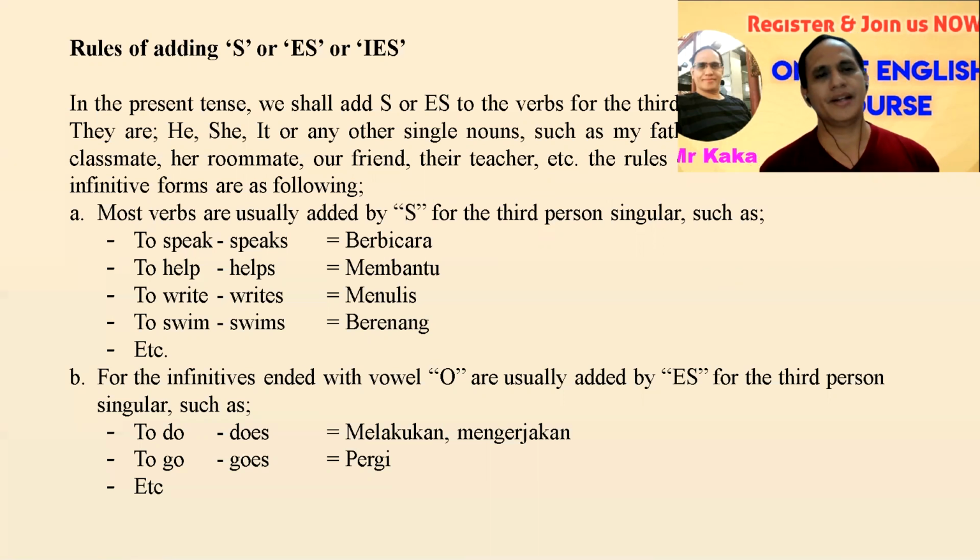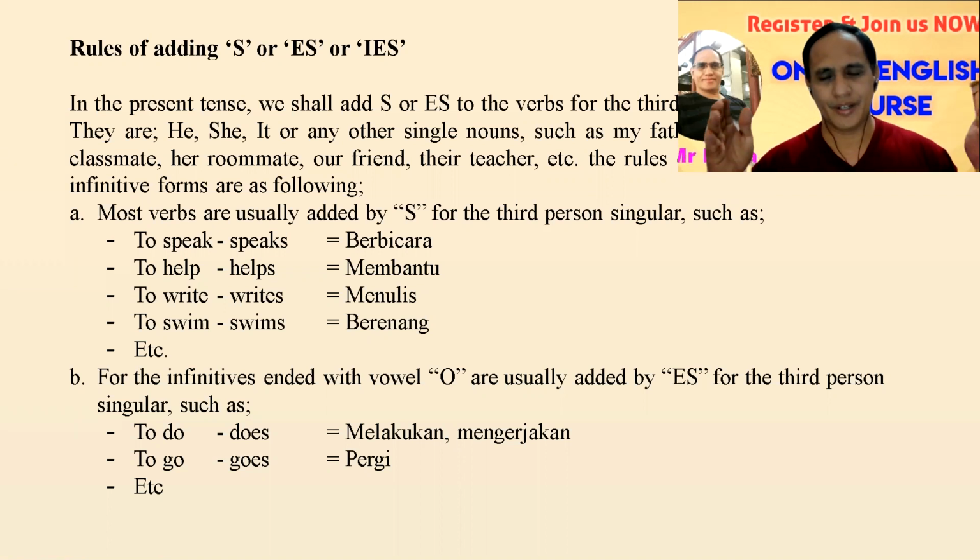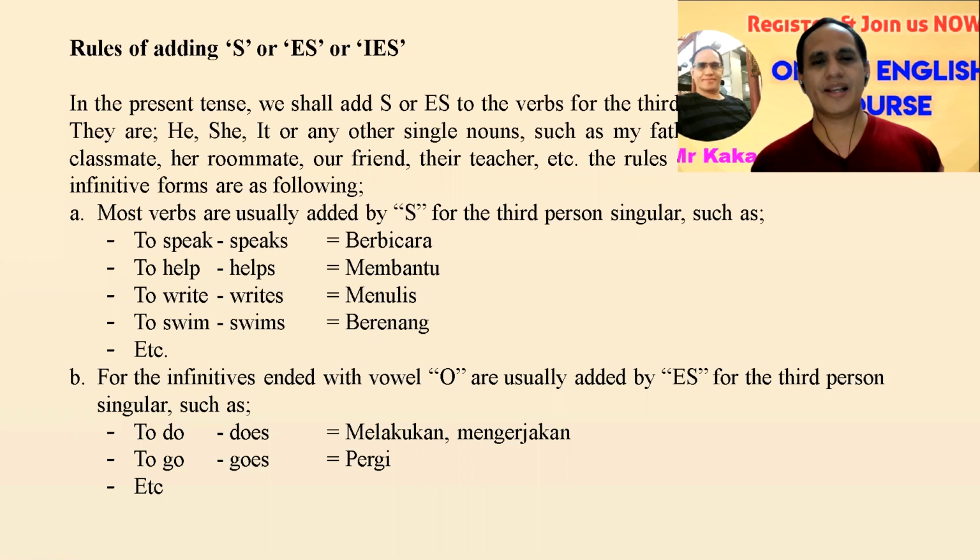Okay, the next slide. Have a look at the rules of adding s, es, or ies, especially for the verb in simple present tense. In the simple present tense, we add s or es to the verb for third person singular subjects.